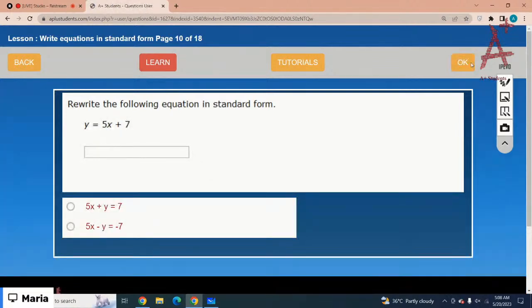Okay, y equals 5x plus 7. So which is the correct option? It would be 5x minus y equals negative 7.